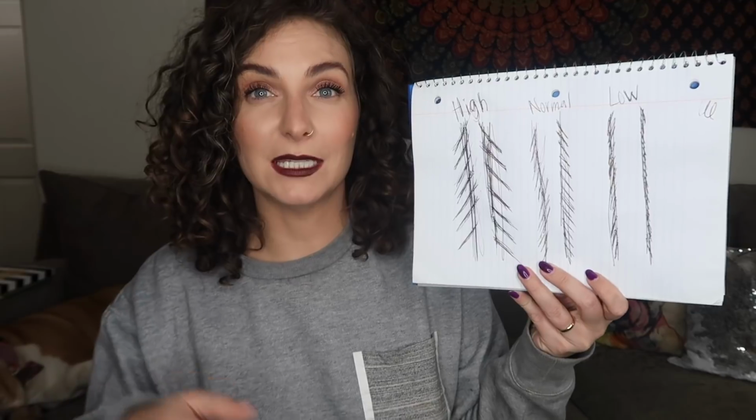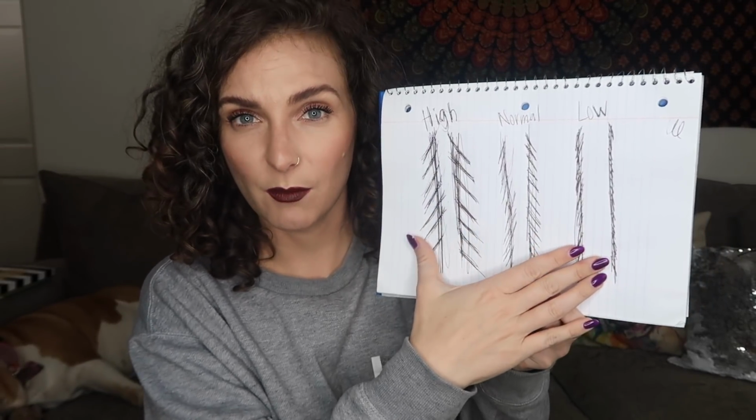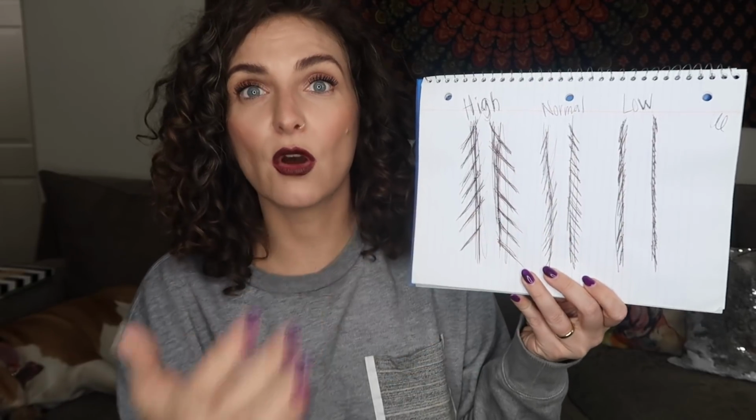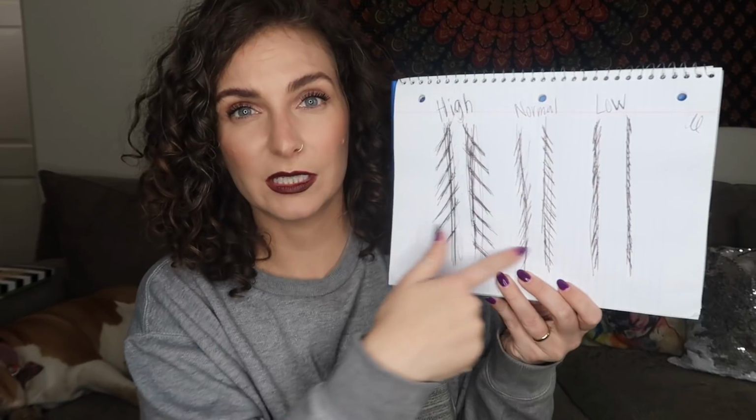So we know how our cuticle is, but why does that matter? Well, let me tell you. Porosity refers to how our hair absorbs and maintains moisture. So let me ask, if you look at the three porosity types and you think, okay, I'm going to moisturize, which hair strand do you think is going to be the easiest to moisturize? Comment below.